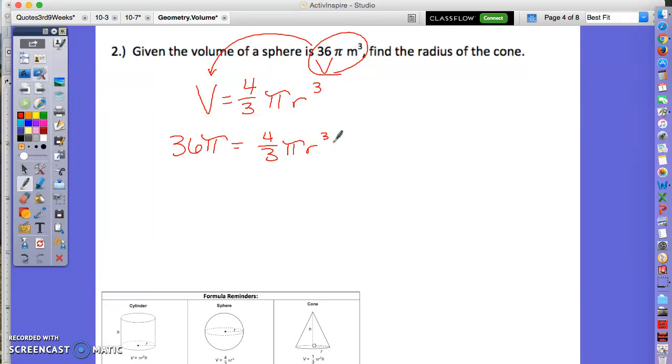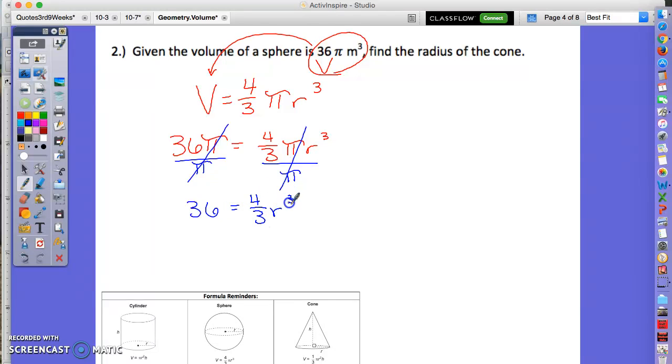Isolate your r by undoing anything that's happening to it. For instance, I can see that r is being multiplied by pi, so I could divide both sides by pi. They cancel each other.